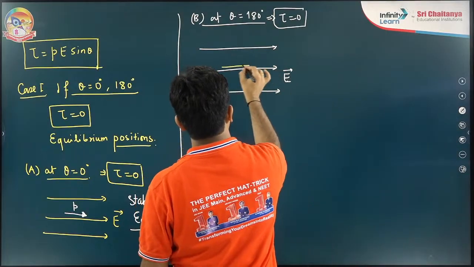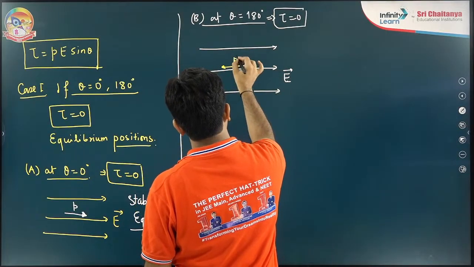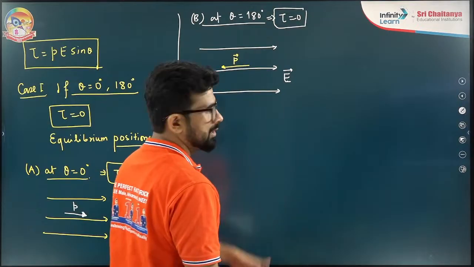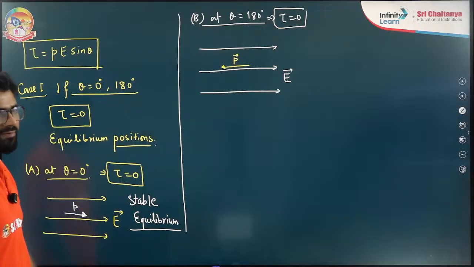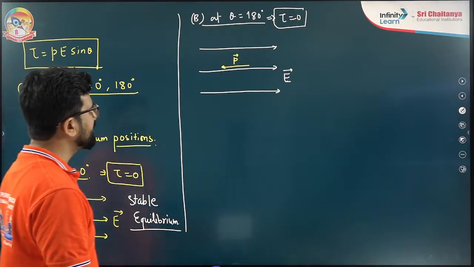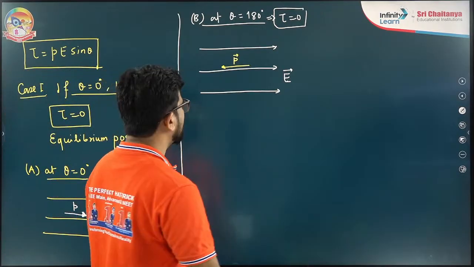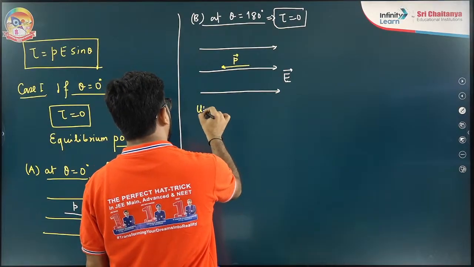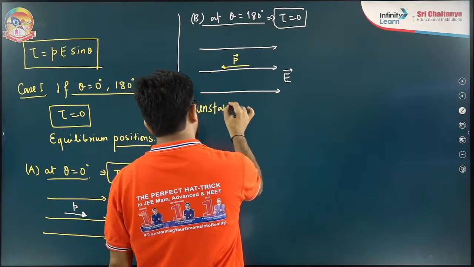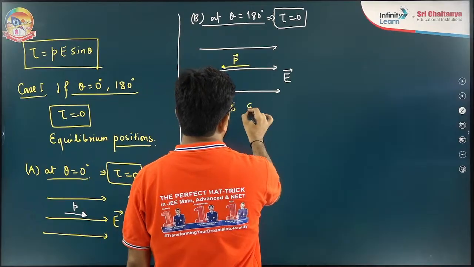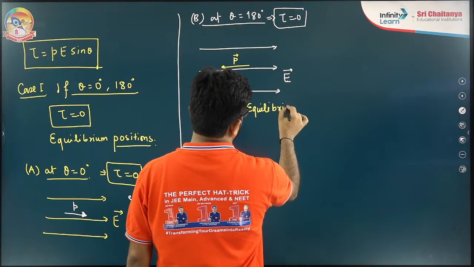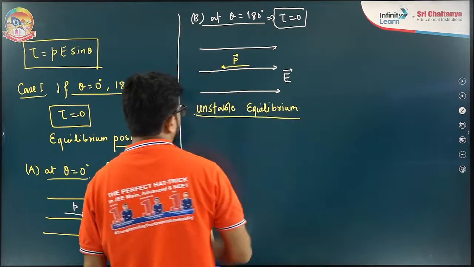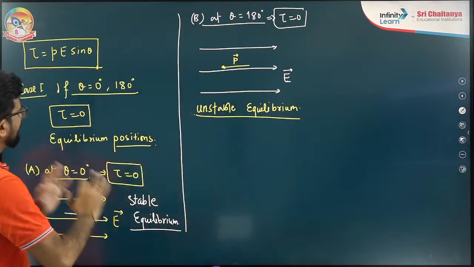What is the angle between them? 180 degree. 180 degree means torque is 0, but this is not stable equilibrium. This is unstable equilibrium. It should be clear to you.